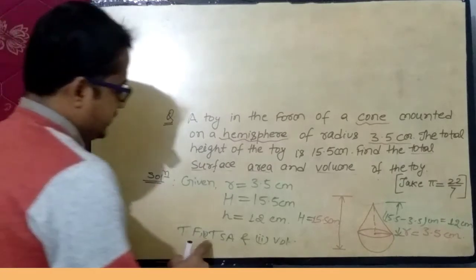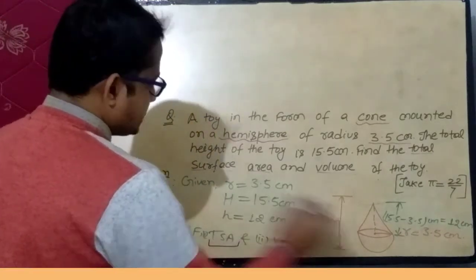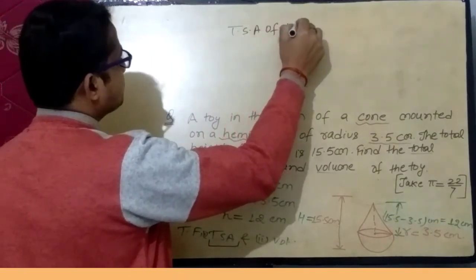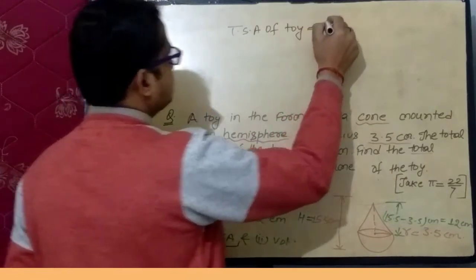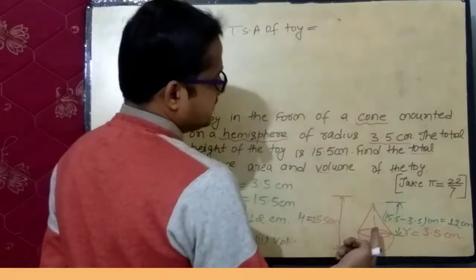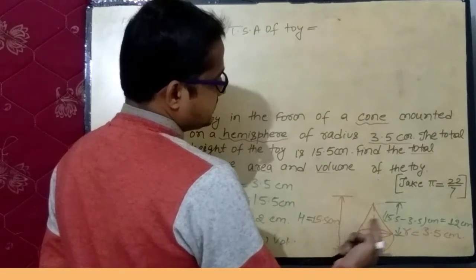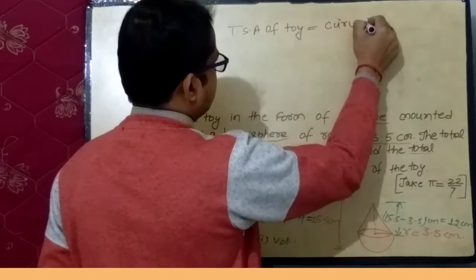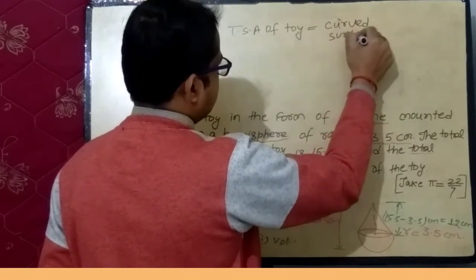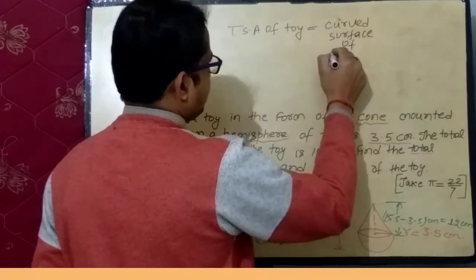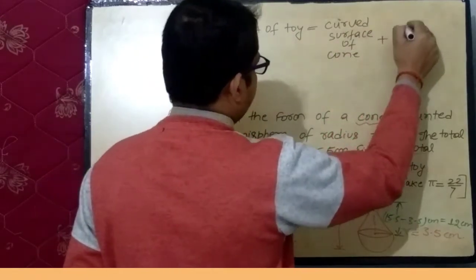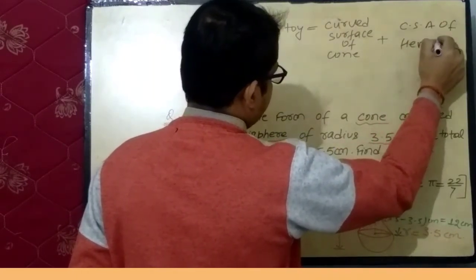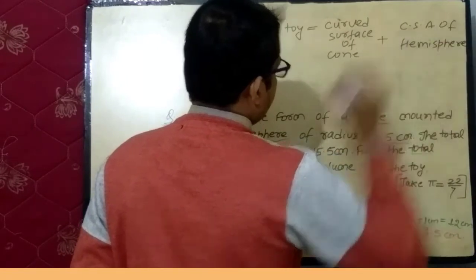Hence, in order to calculate the TSA of this toy, TSA of toy equals to, this is first surface, that is curved surface of cone, add up CSA of hemisphere.